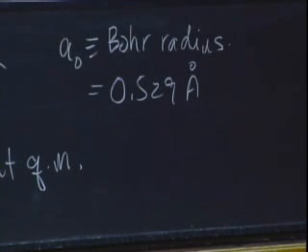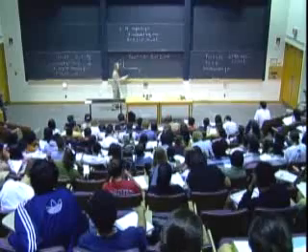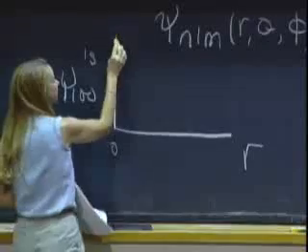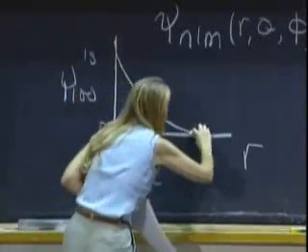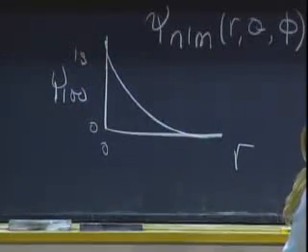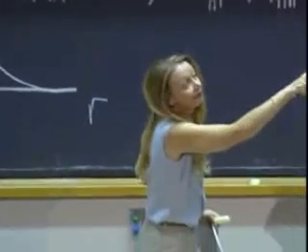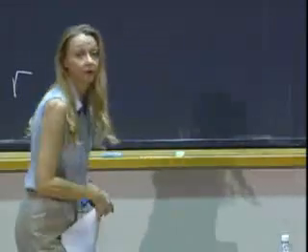Let's plot here the 1, 0, 0 wave function. If I plotted it, what I'd find is that the wave function at r equal to 0 would start out at some high finite value, and there'd just be an exponential decay. Because if you look at the functional form, you have all this stuff, but that's just a constant, and the only thing you have is an e to the minus r over a0 dependence.